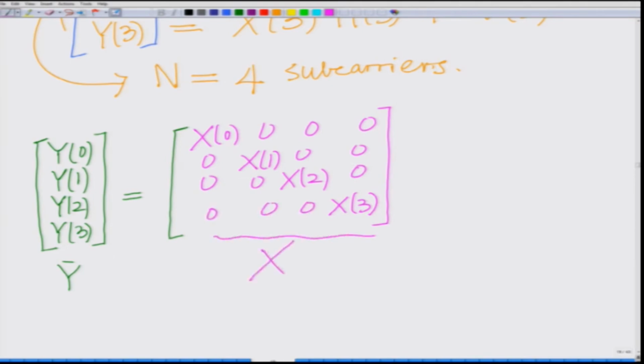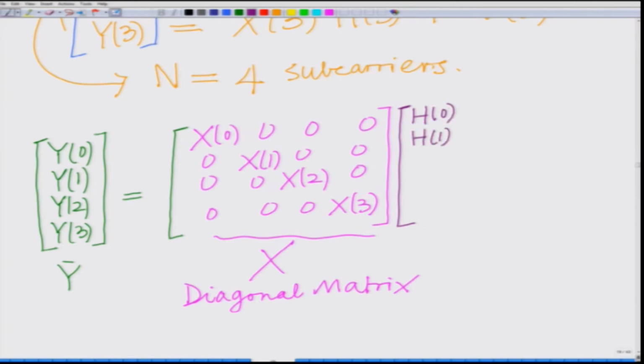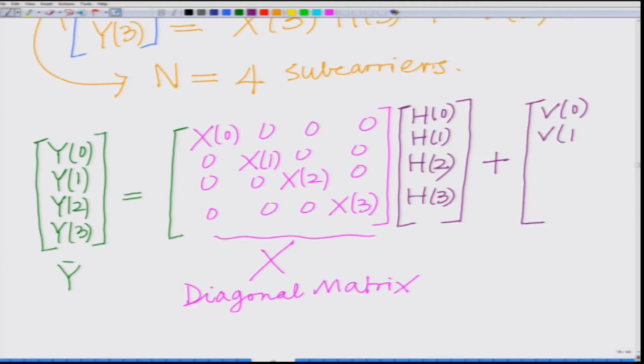Let us call this matrix X, which is your diagonal matrix times the vector of channel coefficients across each subcarrier, H0, H1, H2, H3, plus again the noise vector, that is the noise across each subcarrier, capital V0, capital V1, capital V2, capital V3.